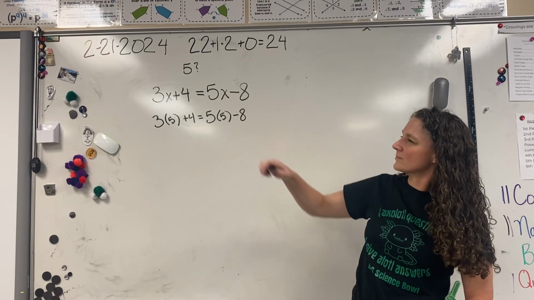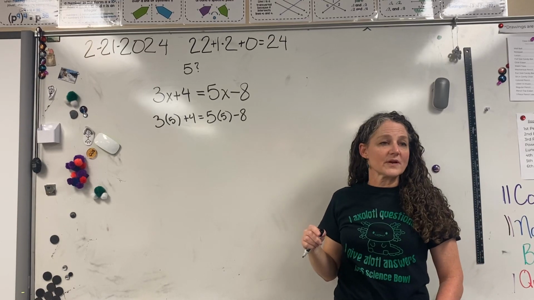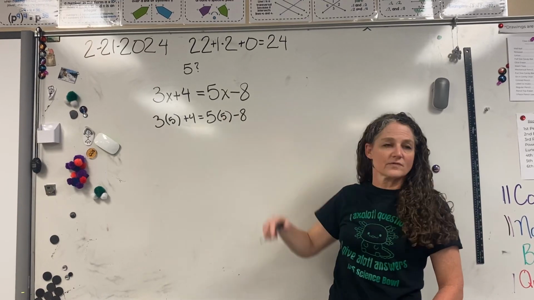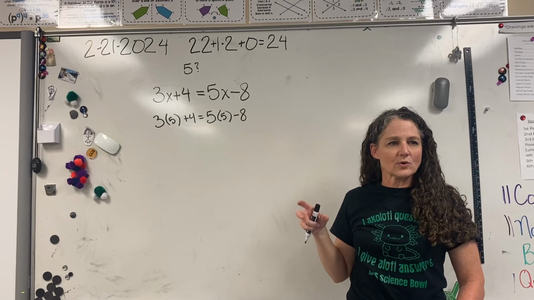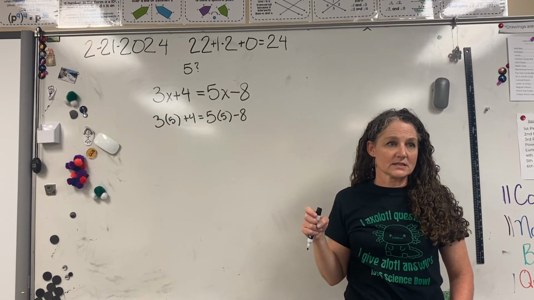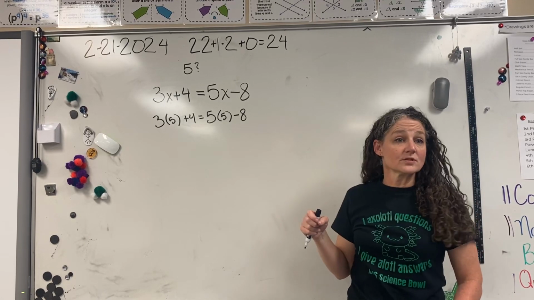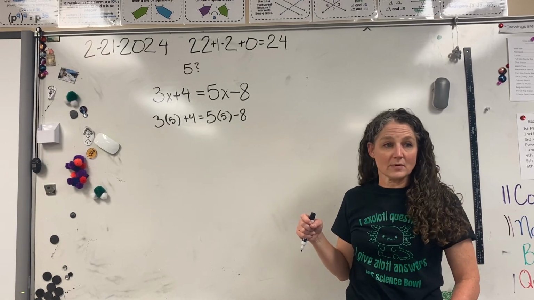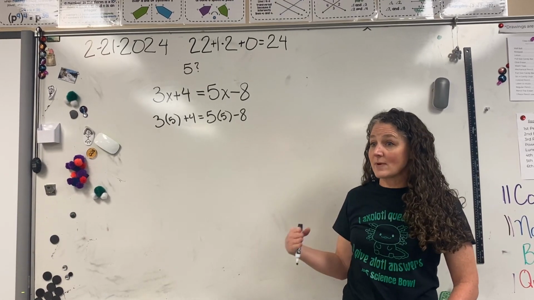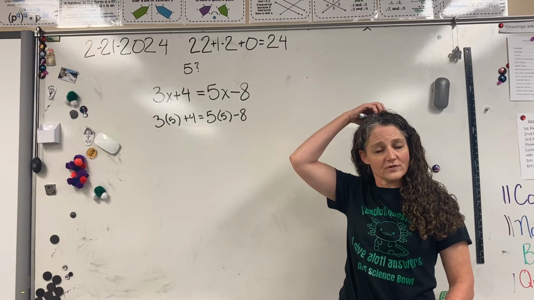The symbols in the parentheses. Do I have any parentheses? I kind of have them because I'm using them for multiplication. But do I have math going on inside of parentheses? No. You might on your assignment, and you do the math in the parentheses first.